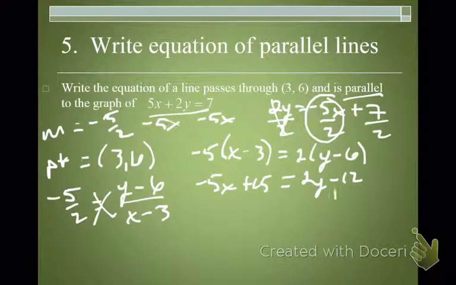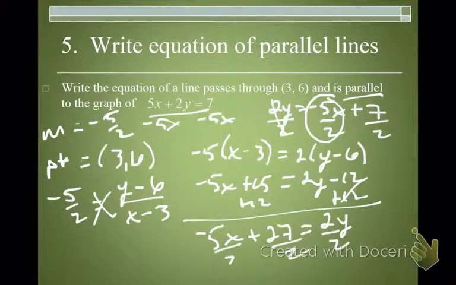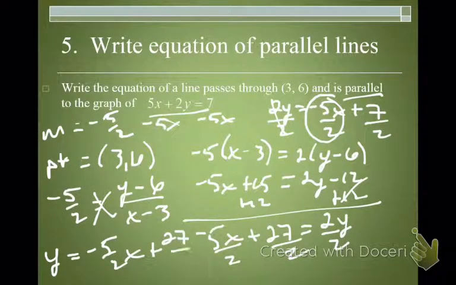Now we're going to add the 12 to both sides. Negative 5x plus 27 equals 2y. Now divide everything by 2, and your equation turns into y equals negative 5 halves x plus 27 over 2.